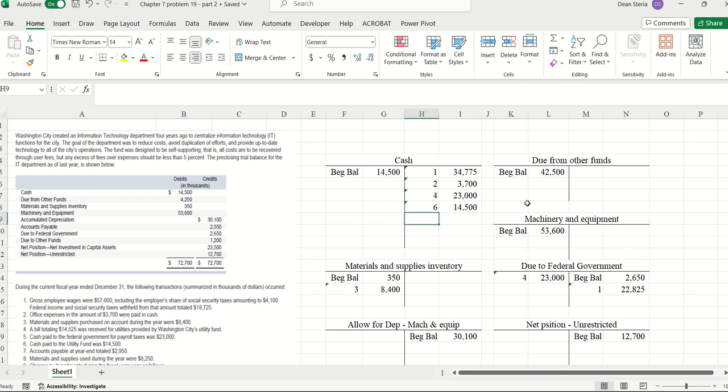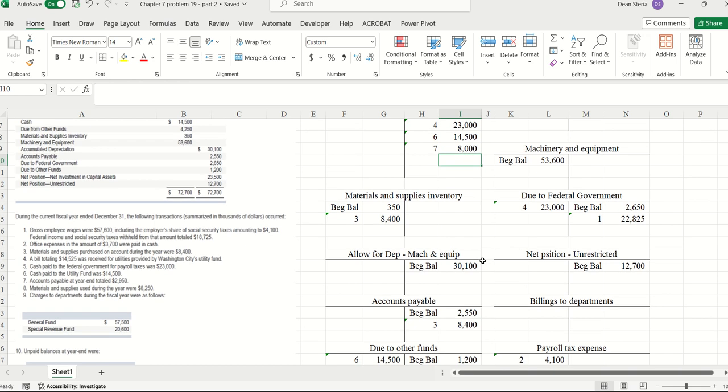So this is going to be number 7, and that's for $8,000. And then we're going to go to accounts payable and we're going to debit that for $8,000. So we took our cash out and we paid accounts payable. So both of those accounts are going down, right? I hope we know this at this point.